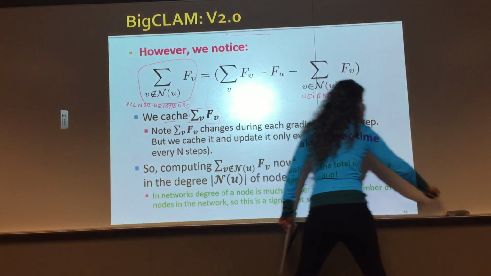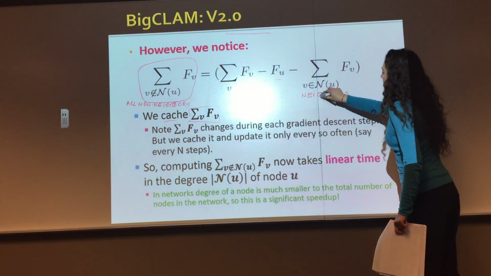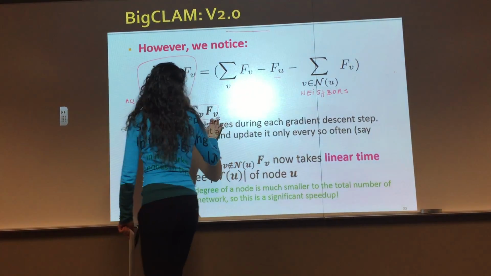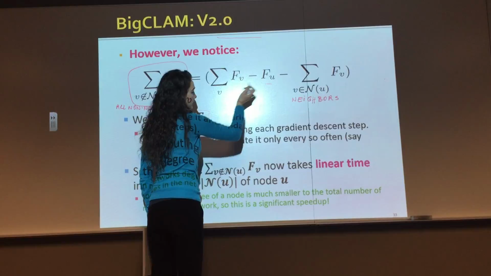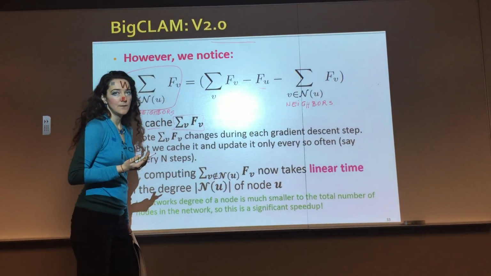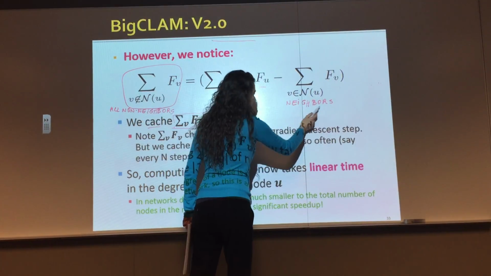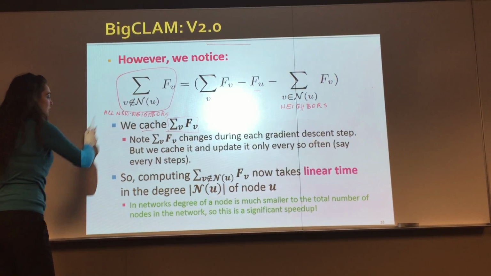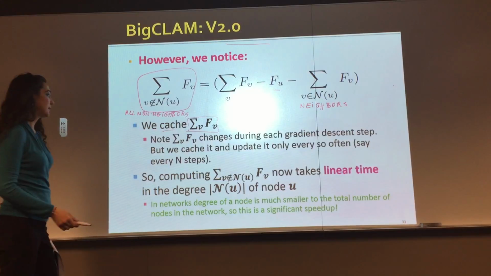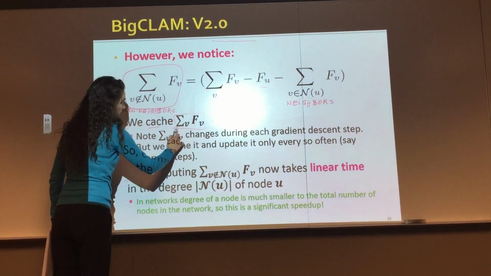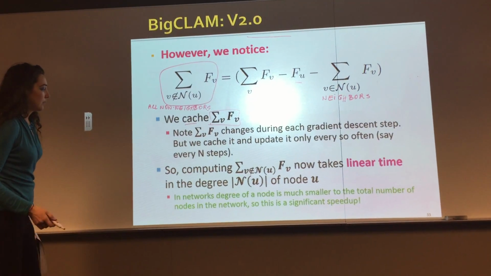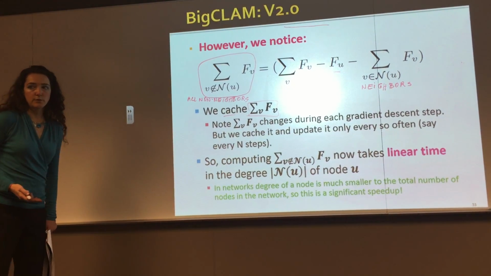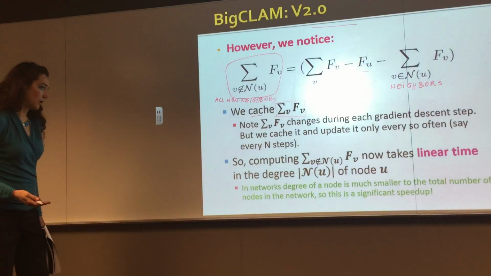So out of all the data in our database, we're gonna subtract the current nodes U and V that we're looking at and all of their neighbors that they have connections to, and that's gonna give us all the non-neighbors. And to do that, we can cache all the nodes and just update them every once in a while, and that's gonna save us a lot of time of going through all the nodes every time.